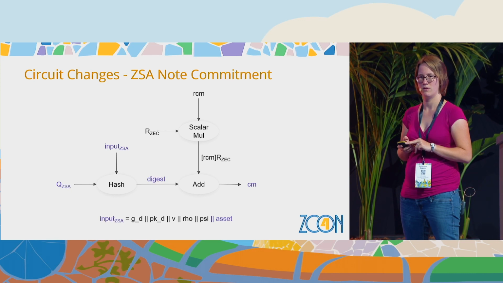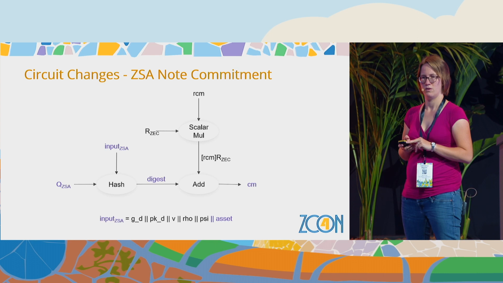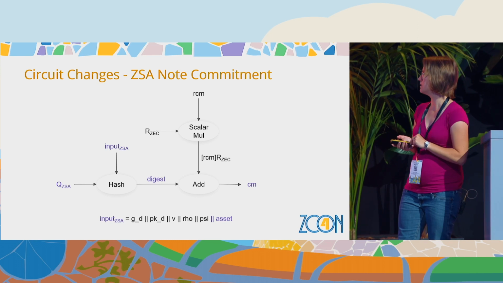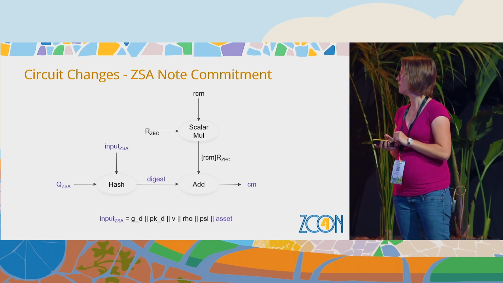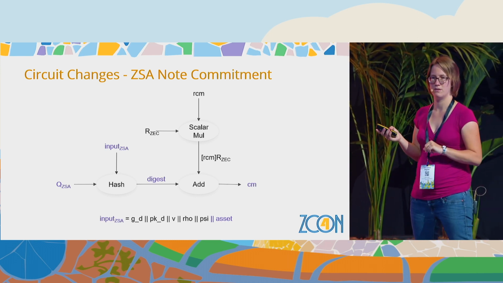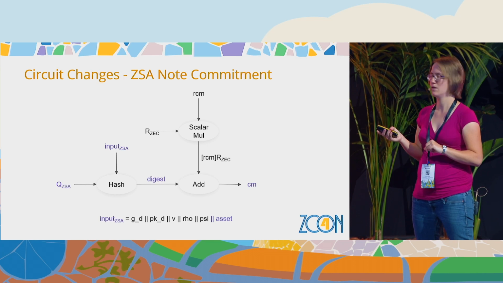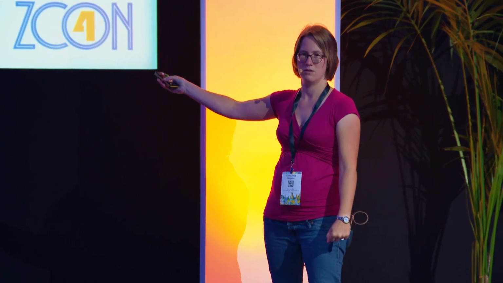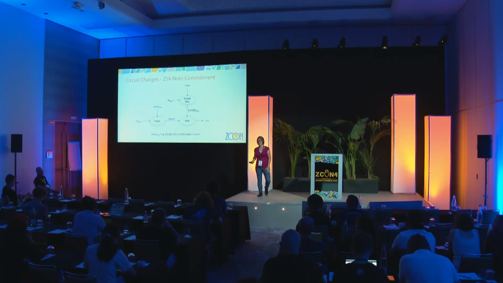Yeah, but there are two circuits, and we say, I don't care which one you proved, I'm going to check on both circuits. I verify both circuits, and if one of them verifies, then I accept. Because you could use asset equal to ZEC, and it will be verified to the ZEC asset.